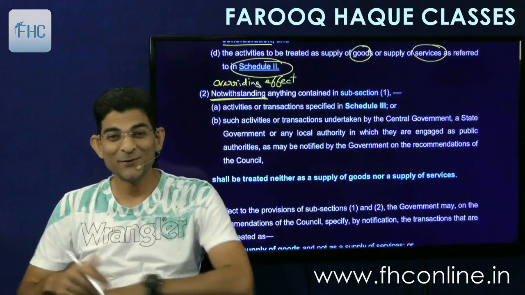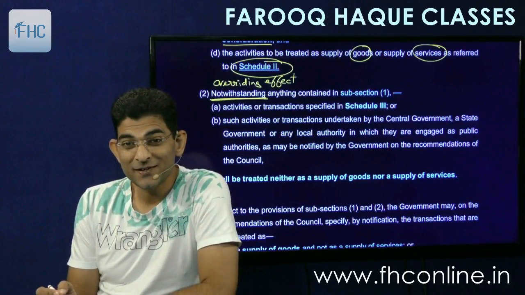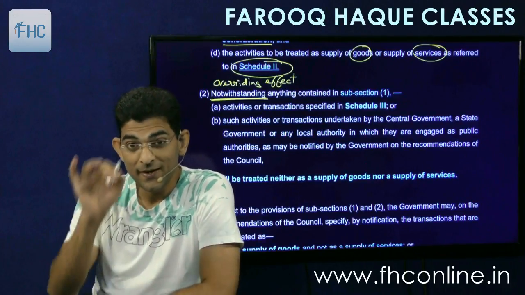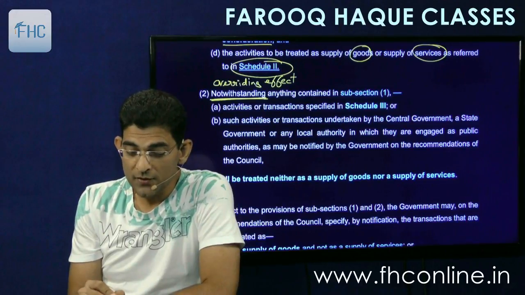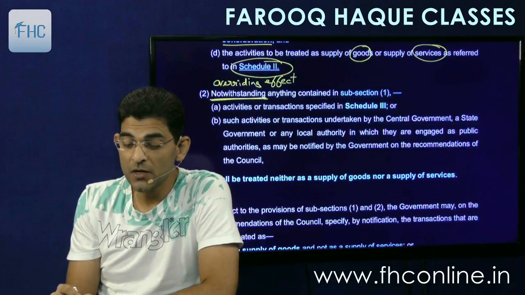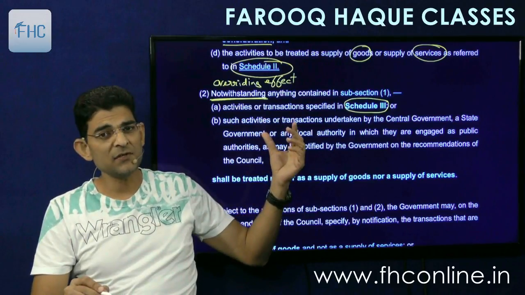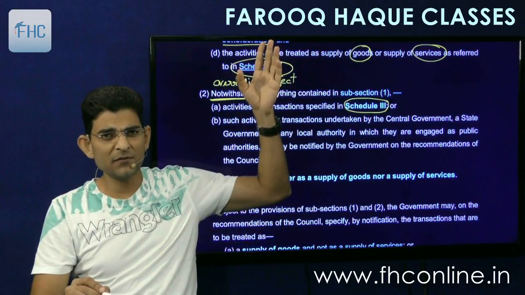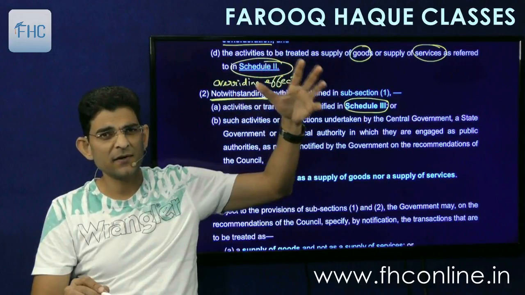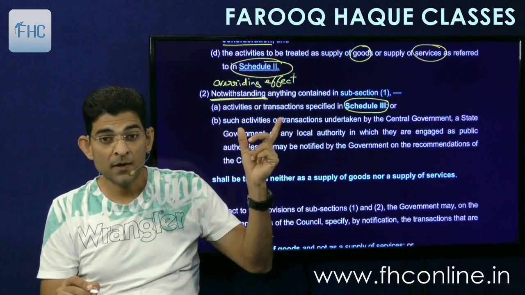Okay, so let's see. Notwithstanding anything contained in subsection 1, activities or transactions specified in schedule 3. Which activities or transactions are the same that were given above? Sale, transfer, this and that, all those things.